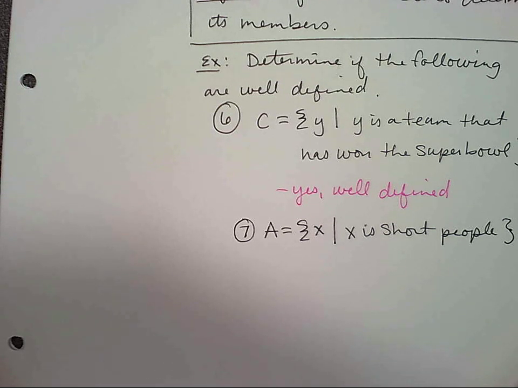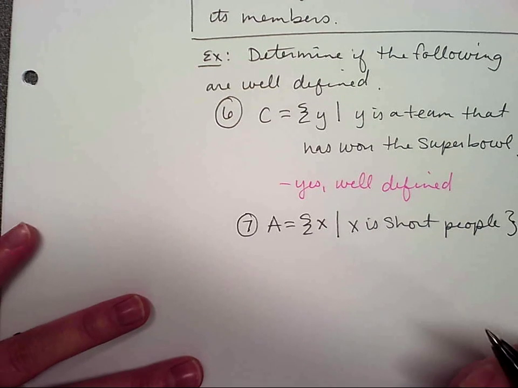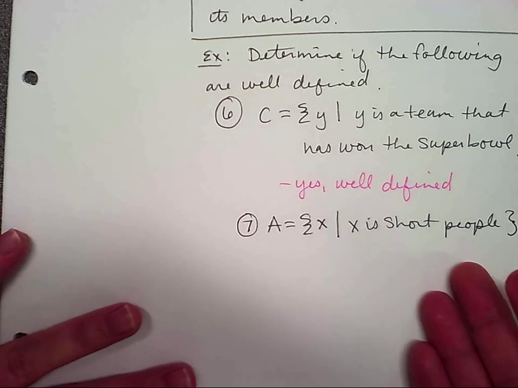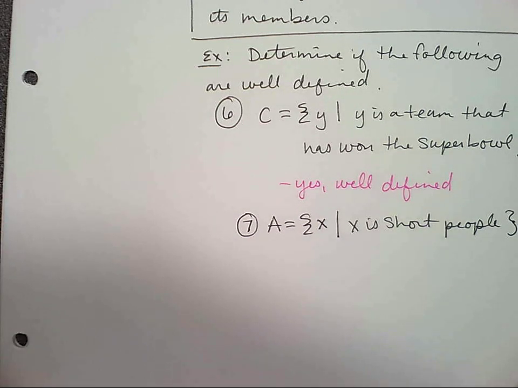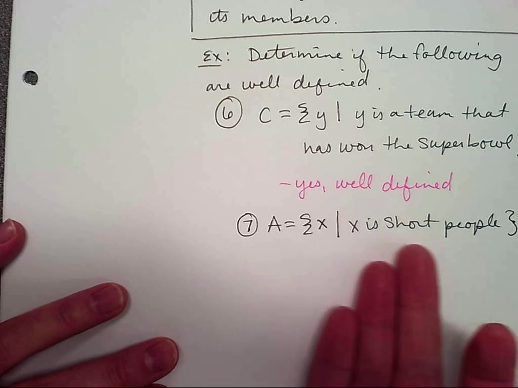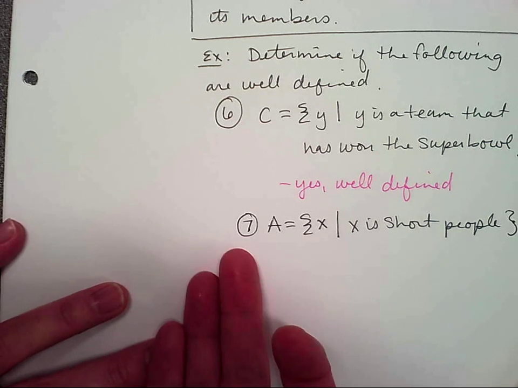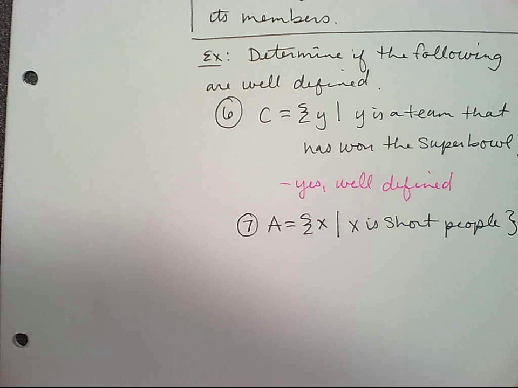So what you think is short could be completely different than what I think is short, right? So I can't really tell if somebody's in this set or not. Quentin, how tall are you? 6'4". Yeah, you're tall. But maybe to Shaquille O'Neal, maybe you're not tall. So the thing is that this is very subjective. I can't definitively state if a person is short or not, right? Because it just depends.